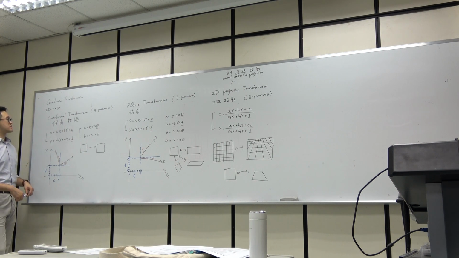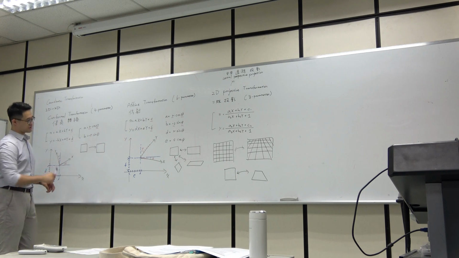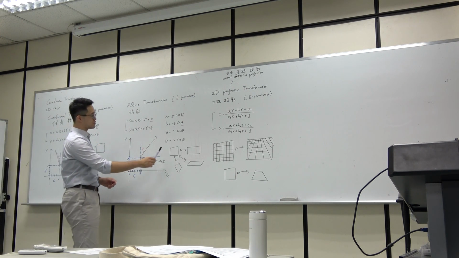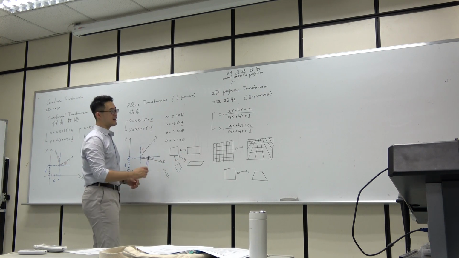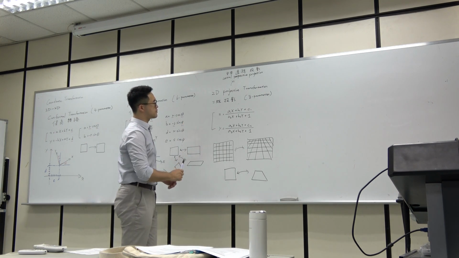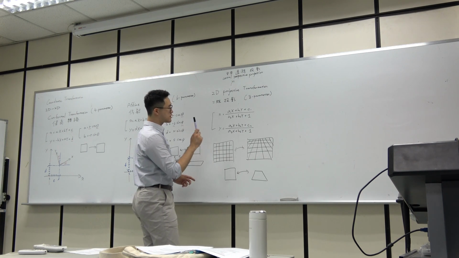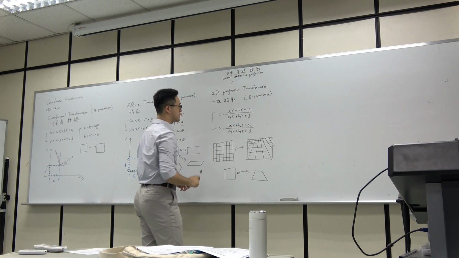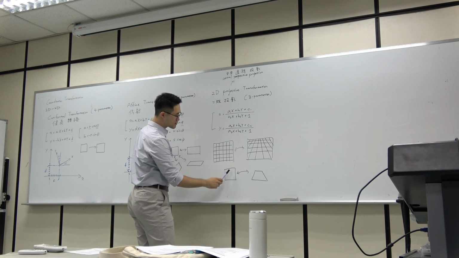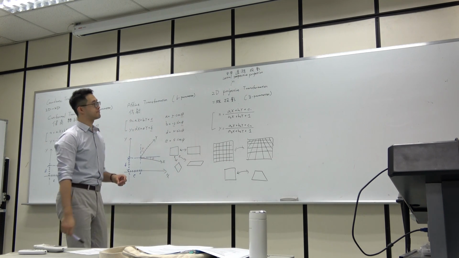So to summarize, conformal transformation can only help you to transform square to square. Affine transformation can help you to transform square to many other shapes, as long as they are linear. And 2D projective transformation is usually used if the two planes have the central perspective projection relationship, which means that it's a square to trapezoid relationship. Okay.